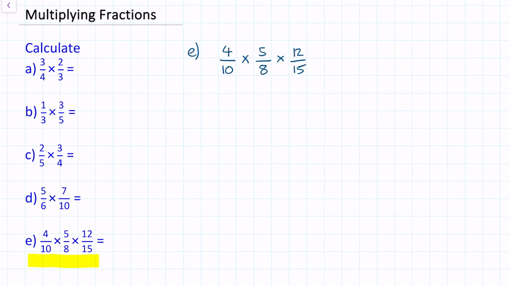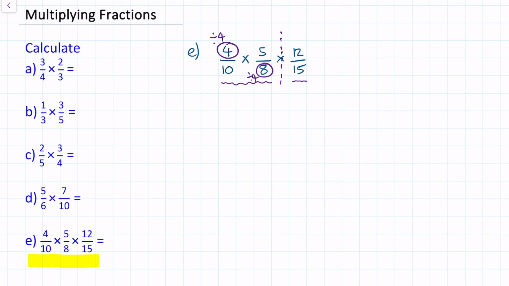Okay, so welcome back if you had a go. So the first thing I'm going to do is I'm going to split this product up into 2 parts. We'll work out this part and then we'll multiply it by 12/15. So to begin with, I can identify a common factor in the 4 and the 8. I'll divide both by 4.